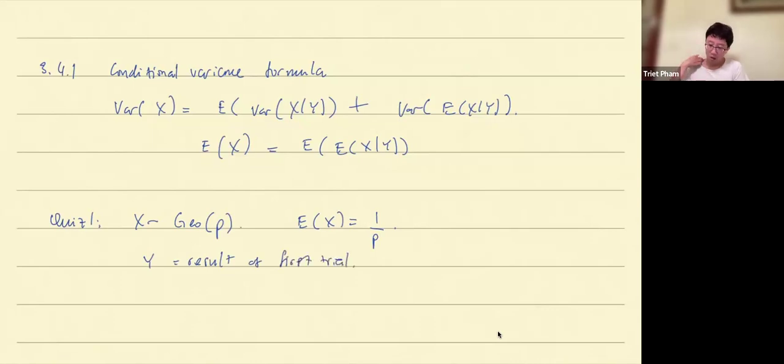Now let's see if you can apply this formula and calculate the variance of X by conditioning on the same random variable. When you apply the formula, what do you get? And is there any difficulty applying the formula itself?